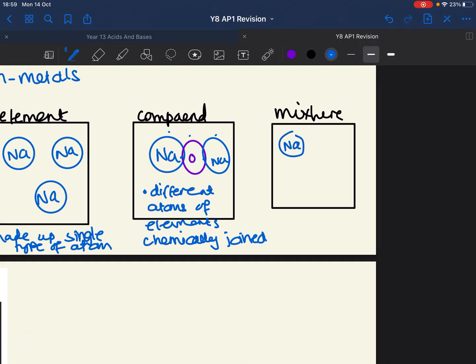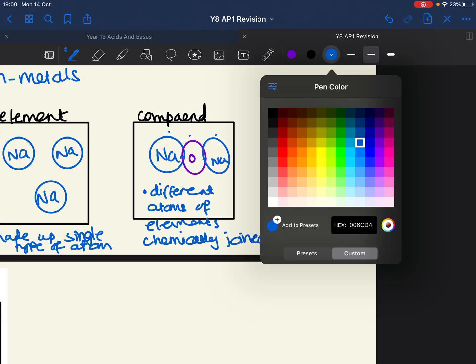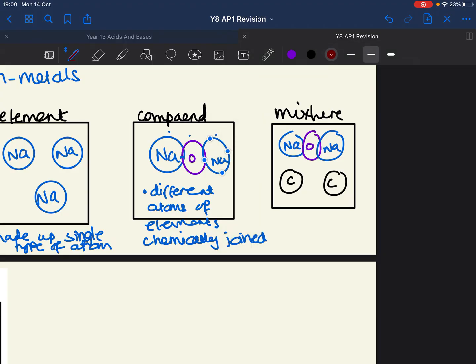But a mixture, let's say we've still got sodium oxide. So that was our compound. But now I've added some carbon, and I've also added some, let's say, iron. These are all made up of different elements and they are not chemically joined together.